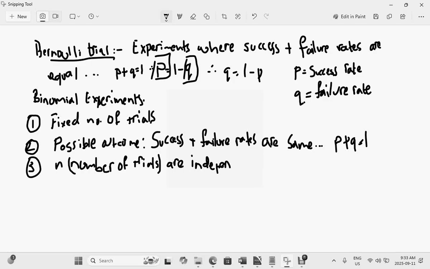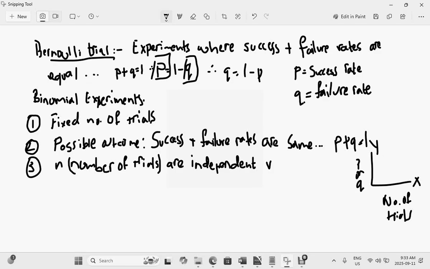It's an independent variable, such as your x-axis. So over here, if this is your x, this is your y, this is number of trials over here. And over here you would have either P or Q, success or failure.